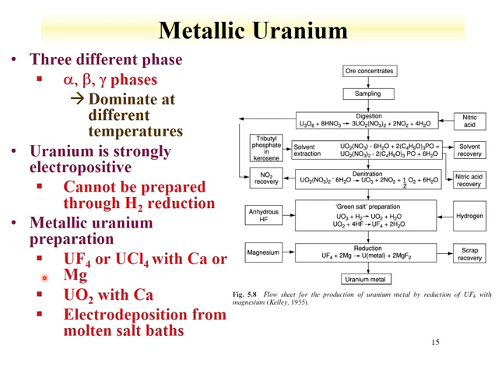So this preparation can be done with uranium tetrafluoride or tetrachloride with calcium or magnesium. You can also use UO2 with calcium, or you can do electrodeposition from molten salt baths. And as we talk about uranium processing or nuclear fuel processing, one of the methods is electrochemistry, in which the nuclear fuel is dissolved in molten salts, and then electrochemistry is performed in these molten salts.